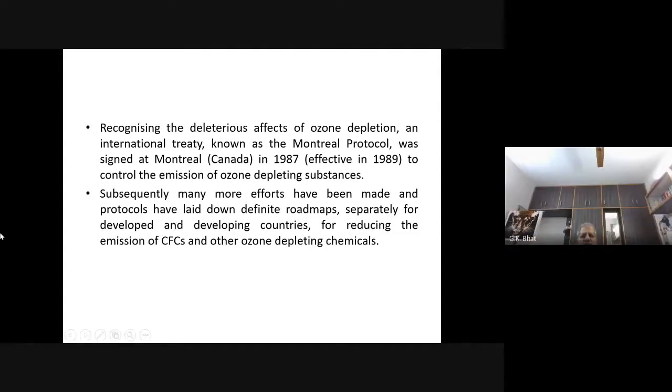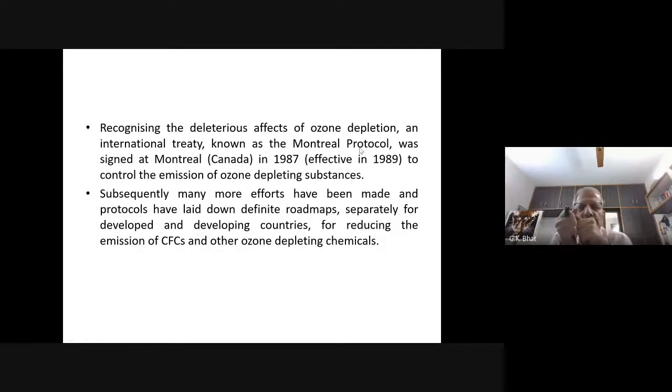Conserving biodiversity. Recognizing the deleterious effects of ozone depletion, an international treaty known as the Montreal Protocol was signed at Montreal, Canada in 1987 to control the emission of ozone depleting substances. Now, what is the need of the day? The need of the day is that we should control the emission of substances which deplete ozone.